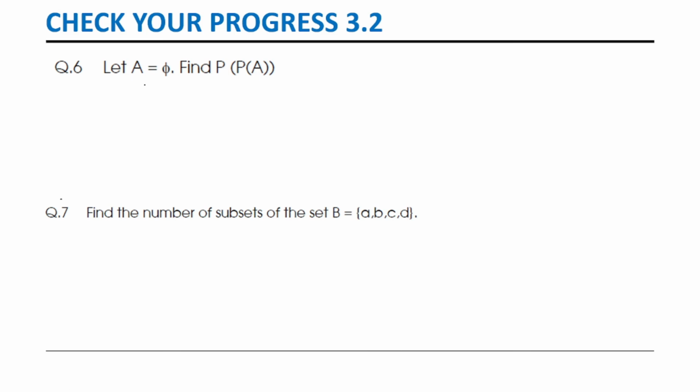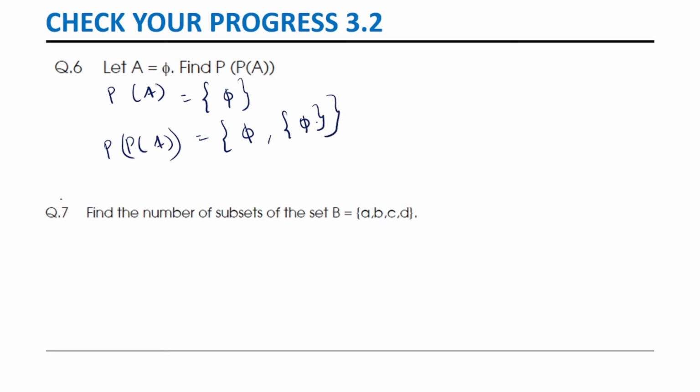So power set of A, it will be {∅, {5}}. Then the power set of P(A) includes the empty set and the set with no elements. So P(P(A)) will be {∅, {∅}, {5}, {∅, {5}}}.